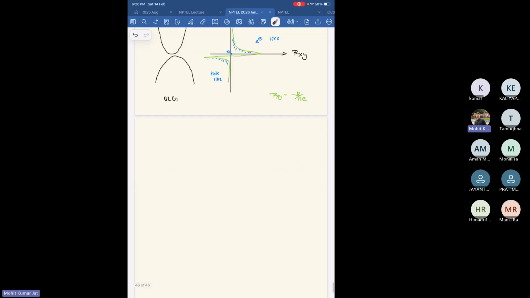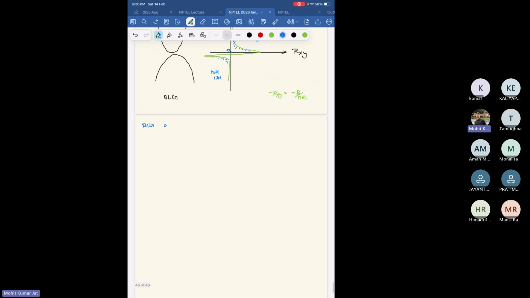The things get interesting in what I work on, which is bilayer graphene aligned with HBN. So you have bilayer graphene initially. When you align it with HBN, the band gets like this.